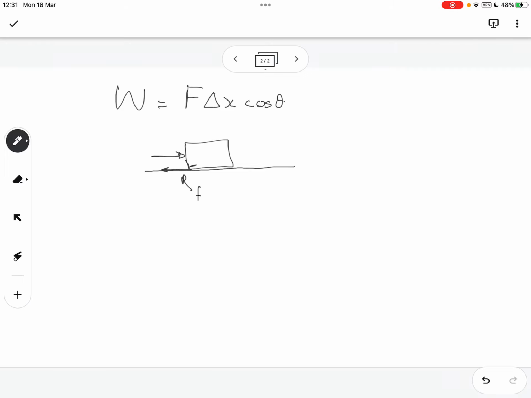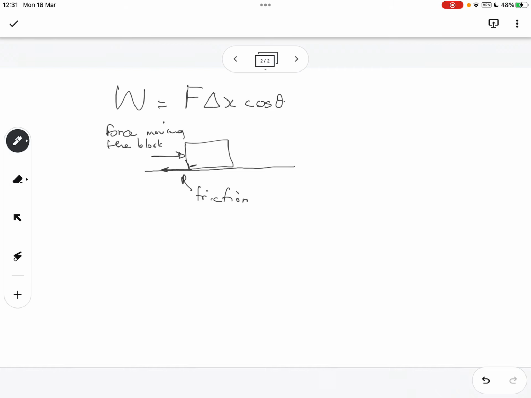So there'd be friction, and there'd be the force moving it forward. There's a force moving the block.